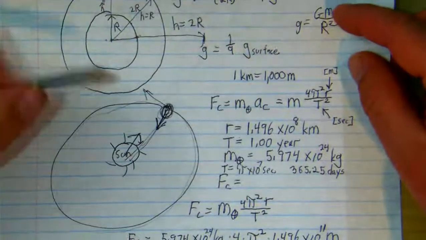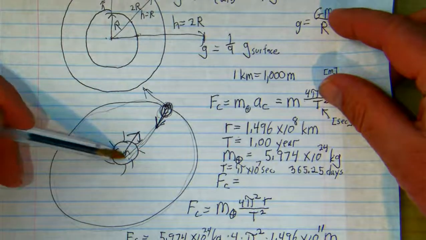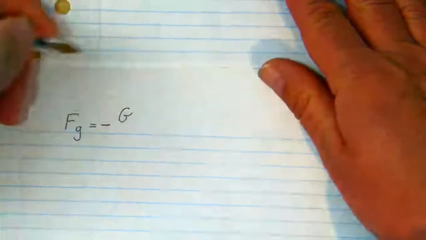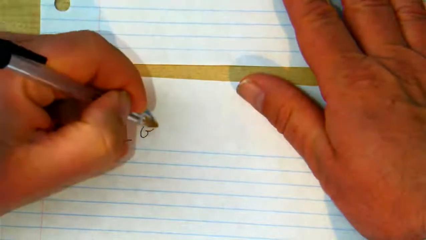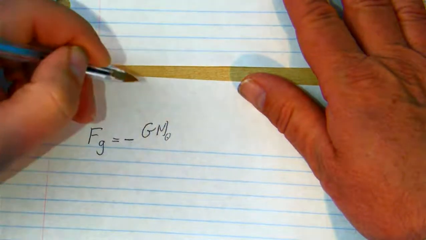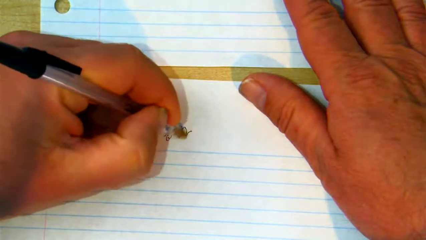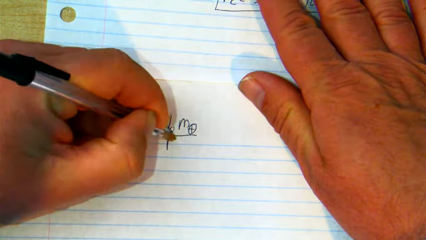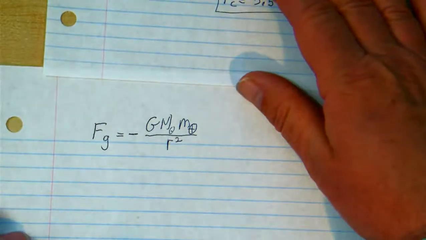We have the mass of the Earth, we have the distance between the Earth and the Sun, and my question is, what is the force of gravitational attraction? Meaning I need to know the mass of the Sun, and I forget the symbol for that, times the mass of the Earth divided by the distance from the Earth to the Sun squared.